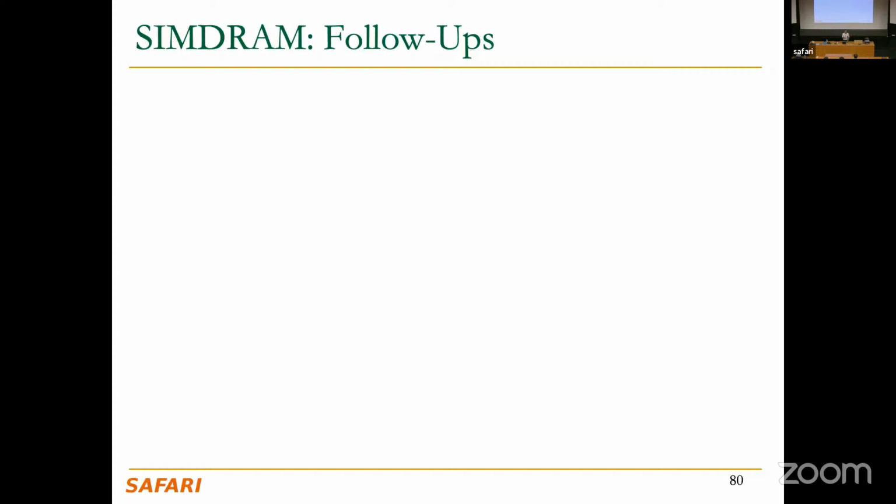This is not going to be so true in the next work that I'm going to talk about, because now we are going to share some resources for some computation. But if it's embarrassingly parallel, this is just a great substrate for that. Thank you.